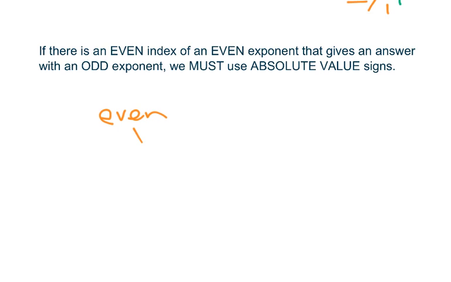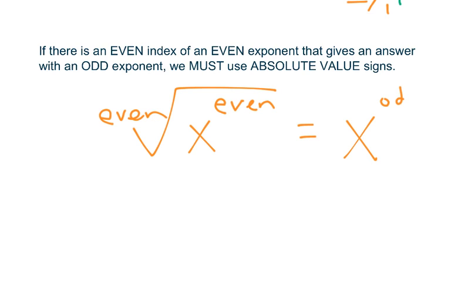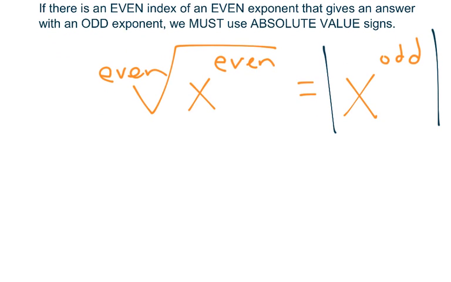Even index and an even exponent, when it equals an odd exponent, we have to use absolute value signs. Okay? So let's just make sure that we understand exactly what that means.